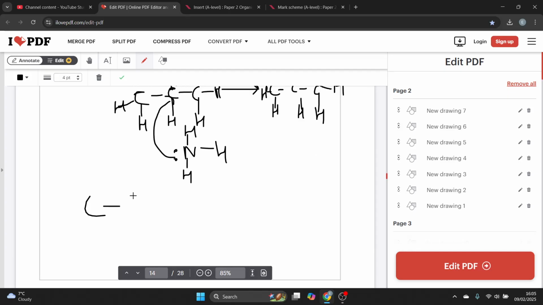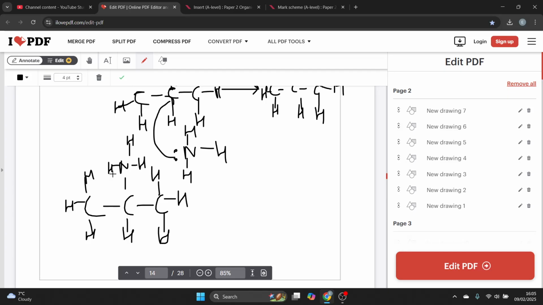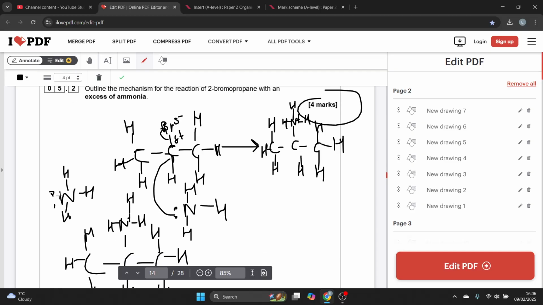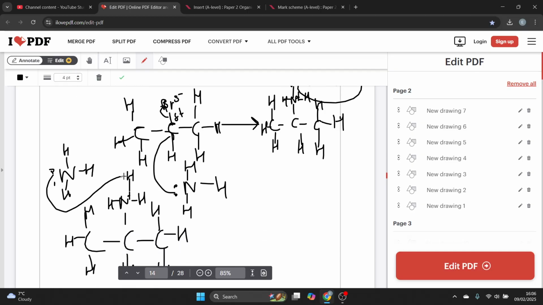Then I draw that out again here, nitrogen positive charge, and then another ammonia molecule joins in, and in this case it acts as a base, takes a proton, and then you go to here, and what you get is this hydrogen, lone pair of electrons, NH2.